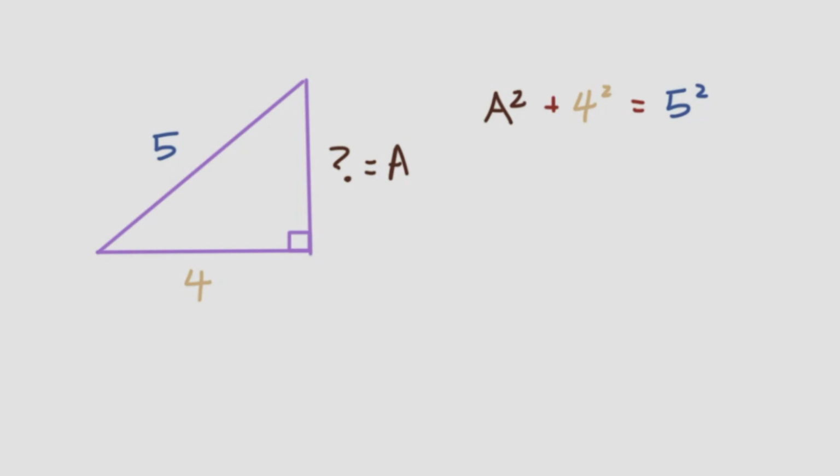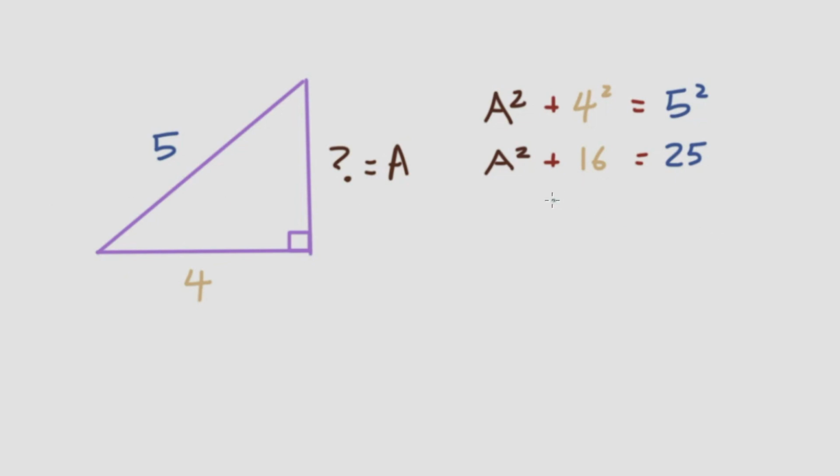So we have A squared plus 4 squared is equal to 5 squared. We know then that's equal to A squared plus 16 is equal to 25, because we know that 4 squared is 16 and 5 squared is 25. And after that, what do we do next? Well, we want to isolate A squared, right? We want to put A squared by itself.